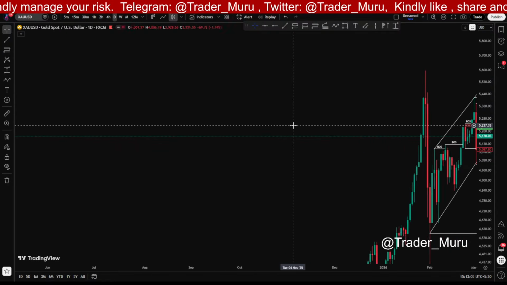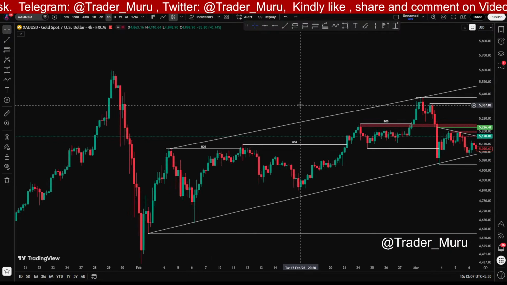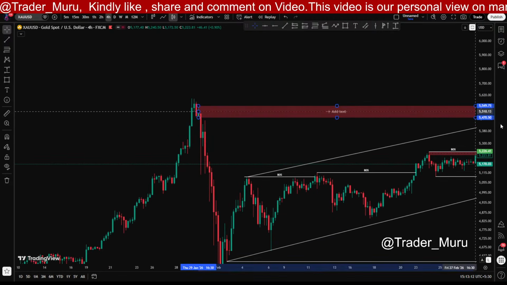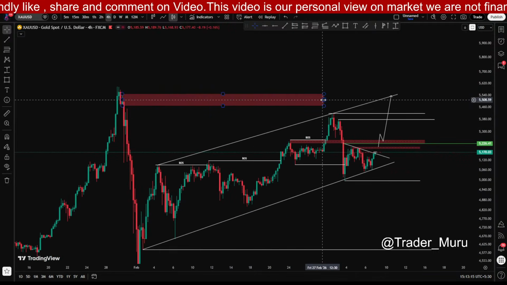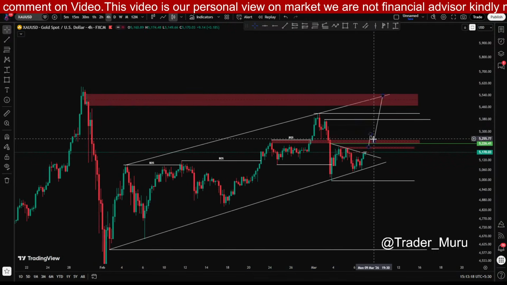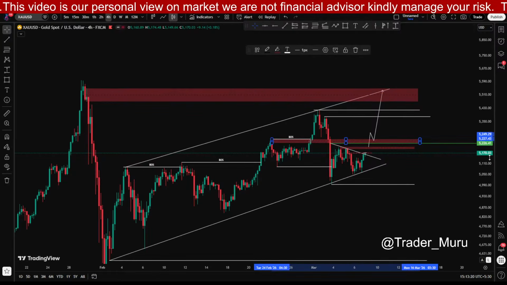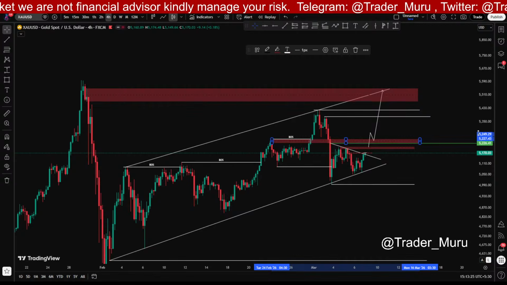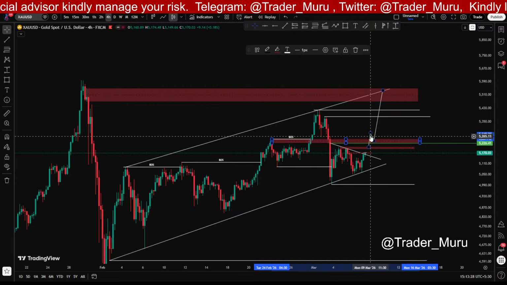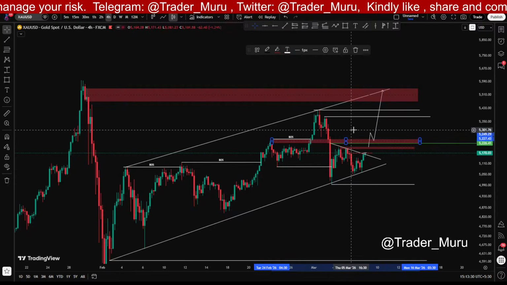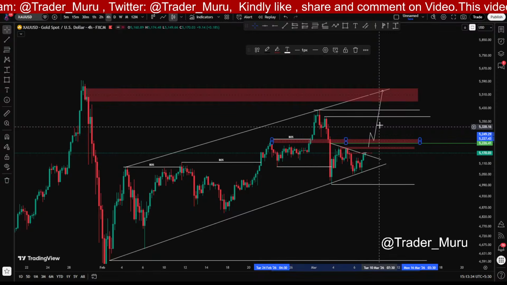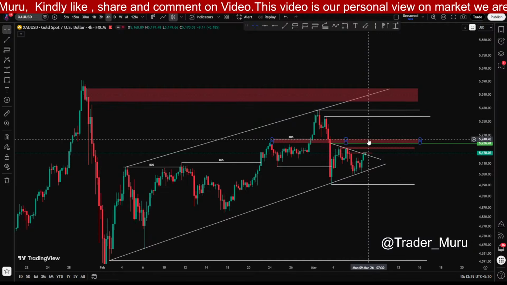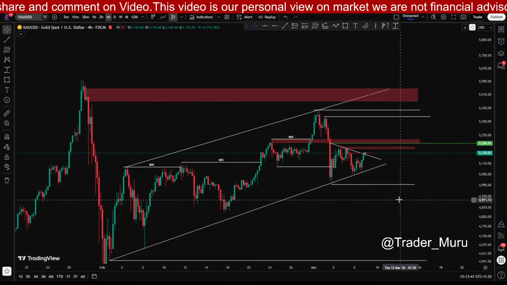Because we already have a 4-hour time frame untested order block present here. This one near 5500. So this area will be very important for gold, around 5227 to 5250. If this area gets flipped in 4-hour time frame, we will be watching for more, and our targets will be 5300, 5375, and then 5500. Before that, we are still good to drop from here.